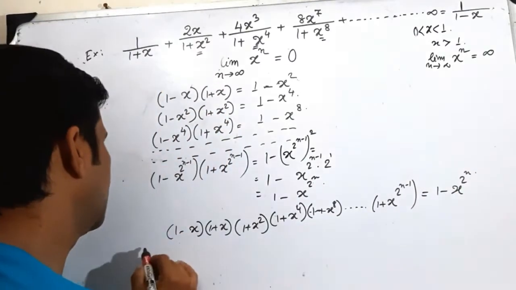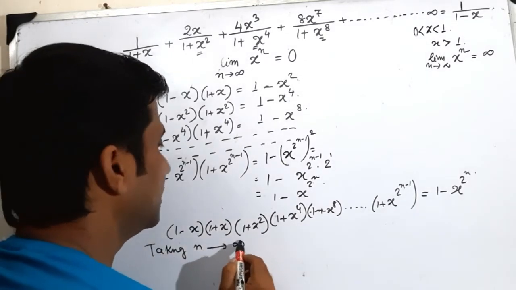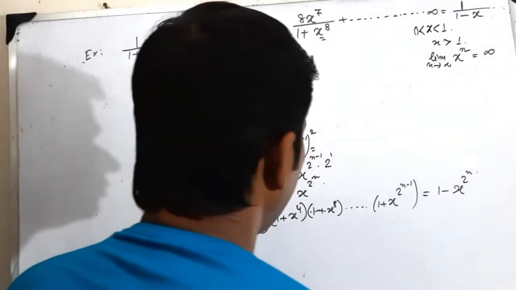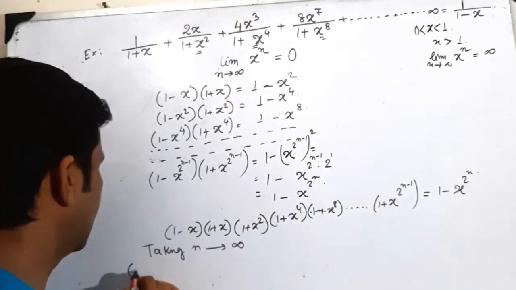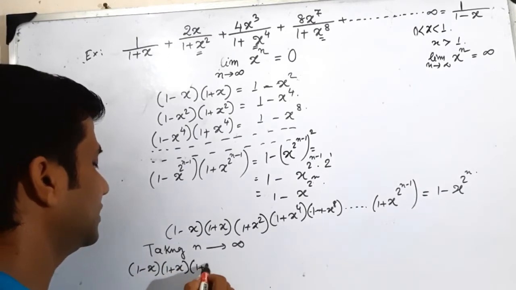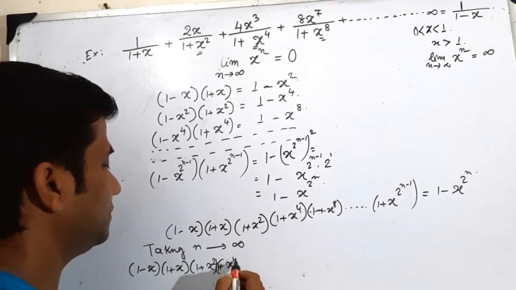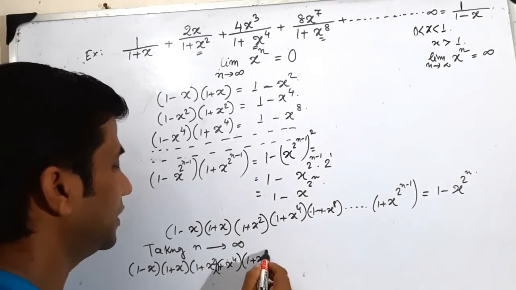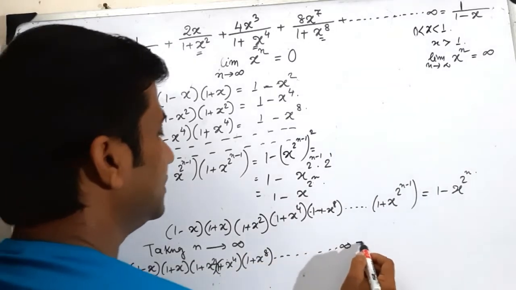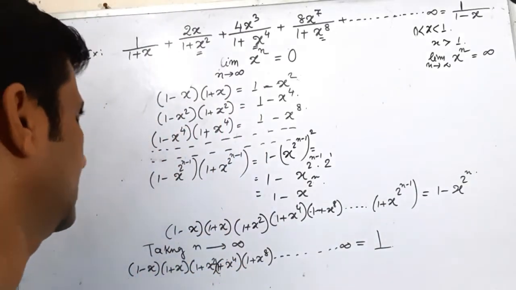Now taking n tends to infinity, we get (1 minus x)(1 plus x)(1 plus x square)(1 plus x to the power 4)(1 plus x to the power 8) ... to infinity.